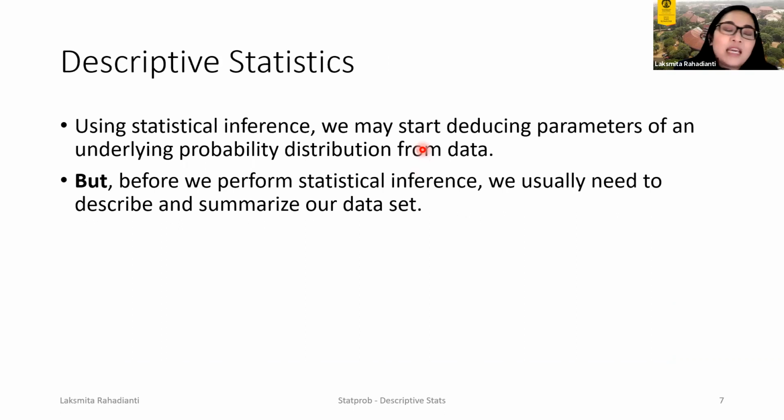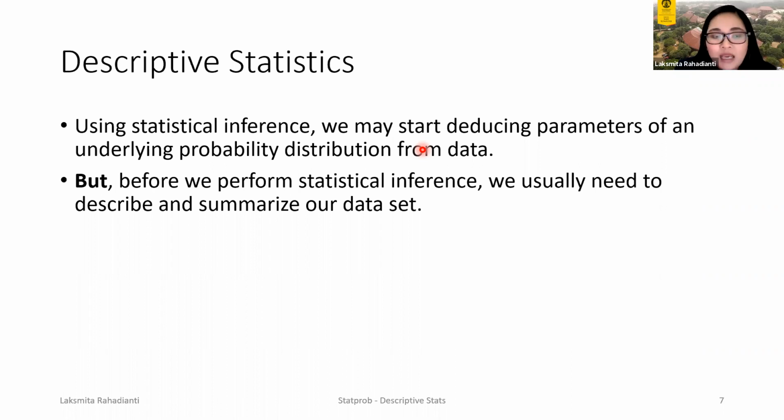But before we can do any of that, we need to systematically describe the data that we have on the sample level. In order for us to do any inferences or deducing anything about the entire population, we need to make sure that the statistics we have on the sample level are reliable and can be presented well, so that anyone that would like to understand or see our data is able to.